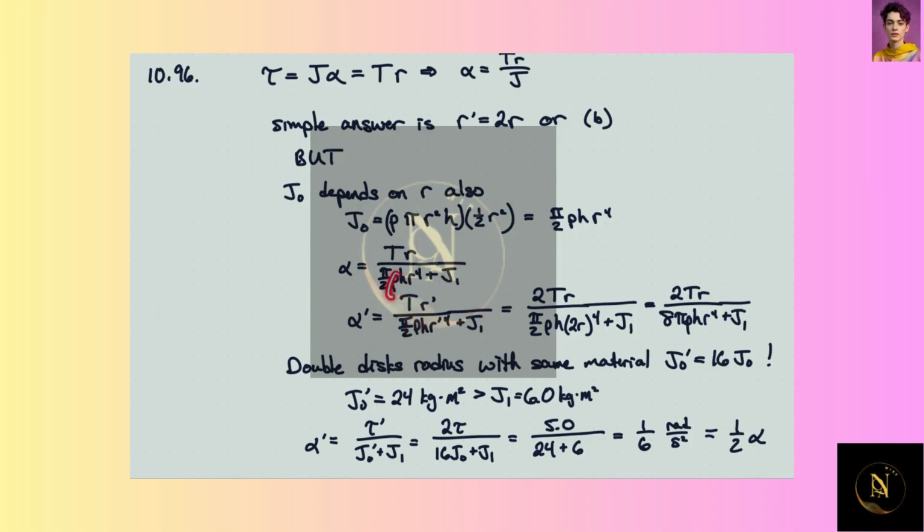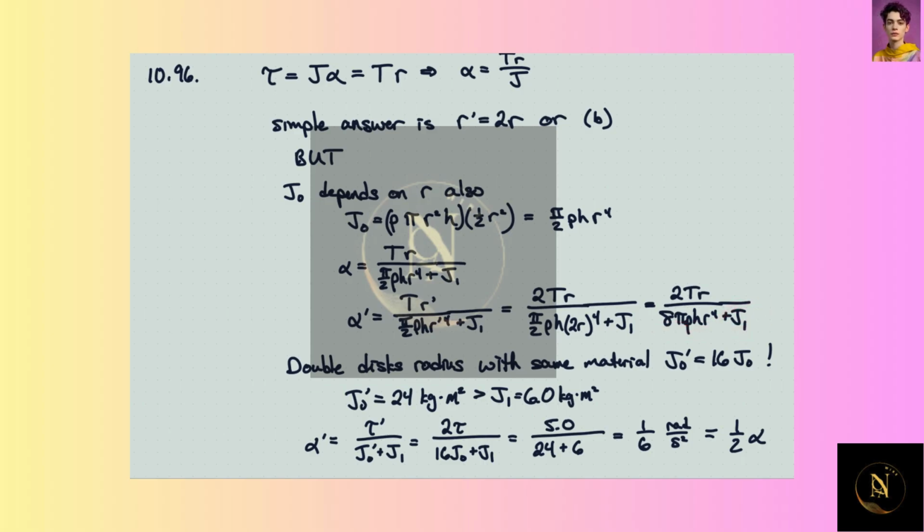So we're making a platform out of the same material, and the same thickness. Now we get R prime here and R prime to the 4th here. So that's what's changing. Now R prime is 2R, so we can substitute that in. So we get 2T times R all over 8 pi rho h r to the 4th plus J1.